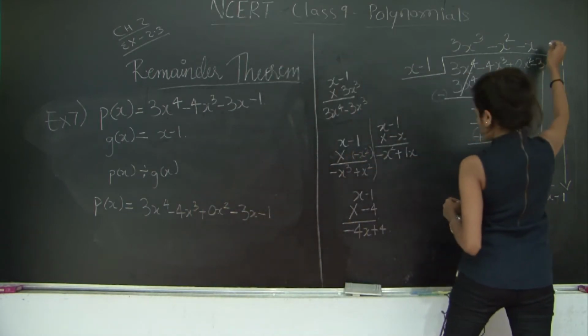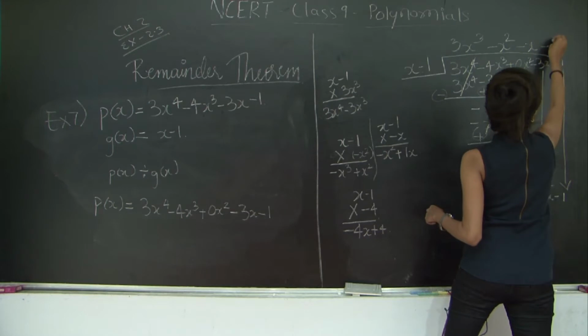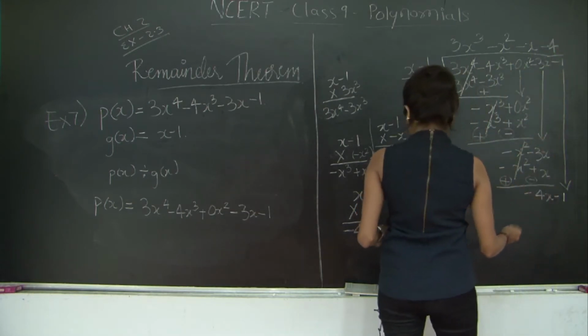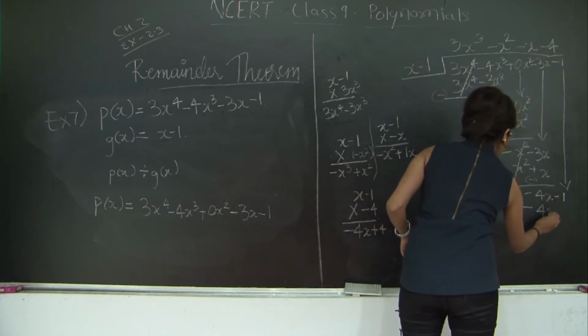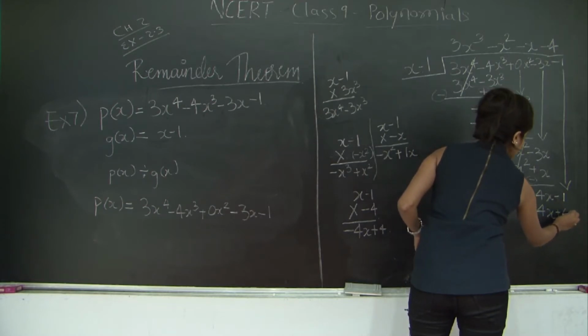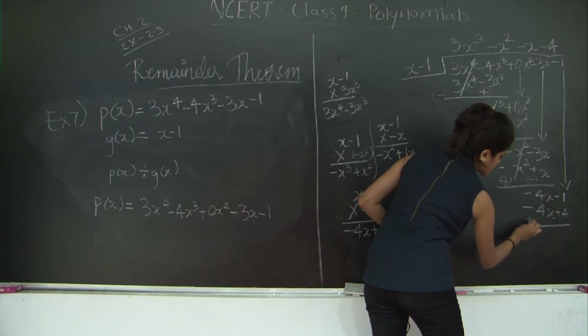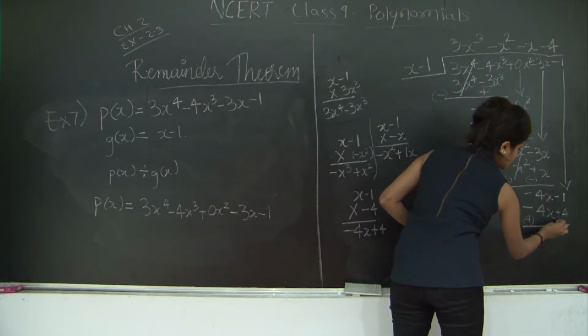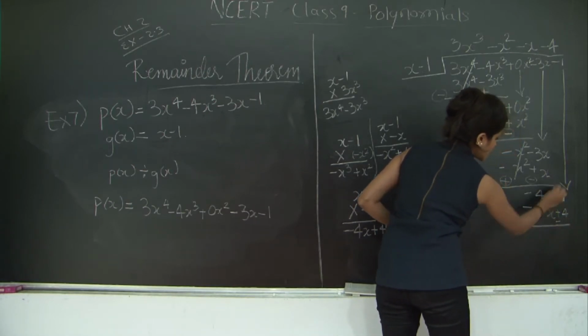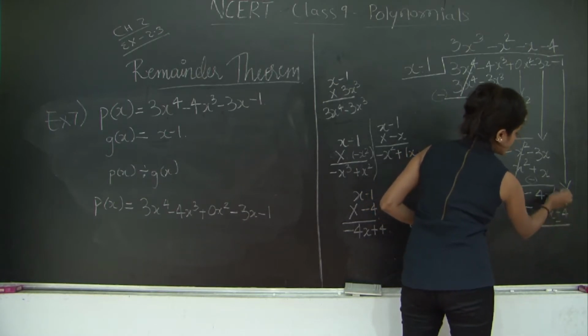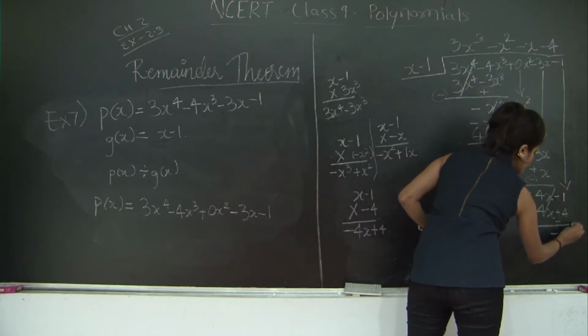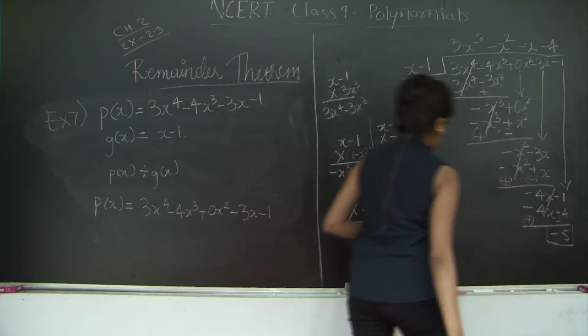So this is minus 4x plus 4. Minus becomes positive and positive becomes negative. Minus 4x plus 4x cancels out. Minus 4 minus 1 gives me minus 5. So my remainder is minus 5.